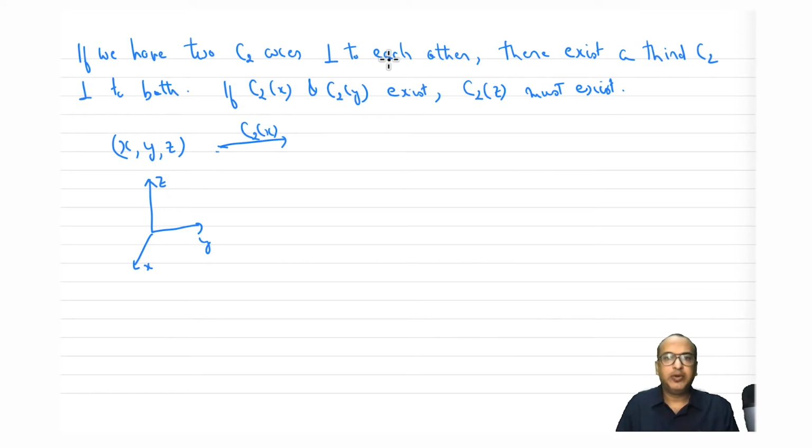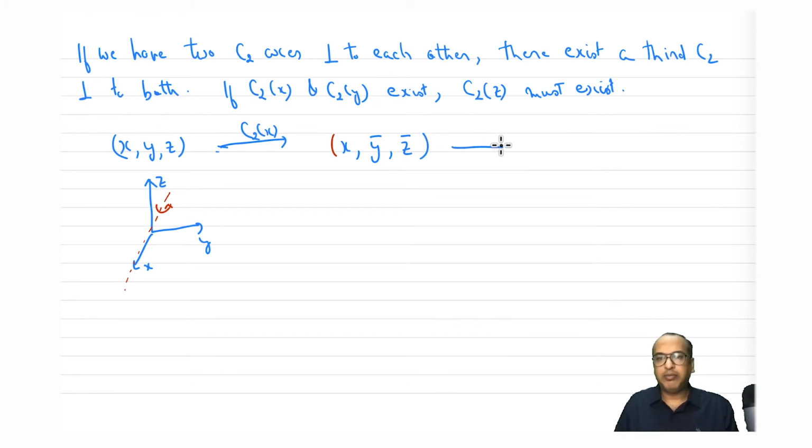If my C2 is running along the x-axis in the anti-clockwise direction, y will go to minus y and z will move to minus z, while x remains the same, because x is lying along the x axis. So my coordinates change: x remains as such, y goes to minus y, which I am representing as y bar, and z goes to minus z.